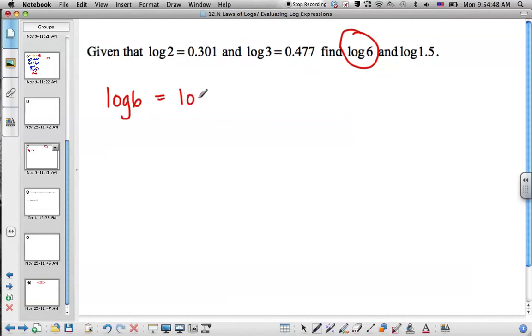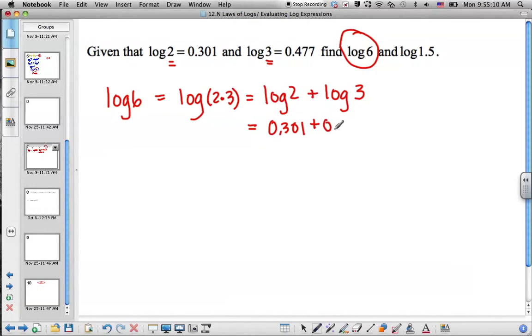Well, maybe we think about what we have here and we know that 6 is the same thing as 2 times 3. And using our law of logs, we know that's the same thing as log of 2 plus log of 3. And now we can just substitute in. Log of 2 we know is 0.301.